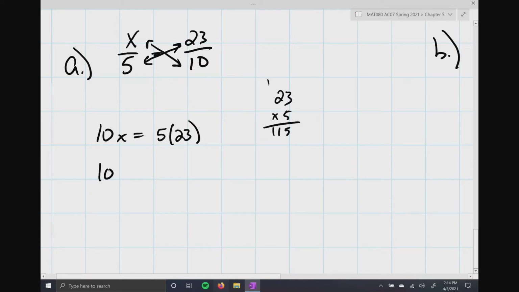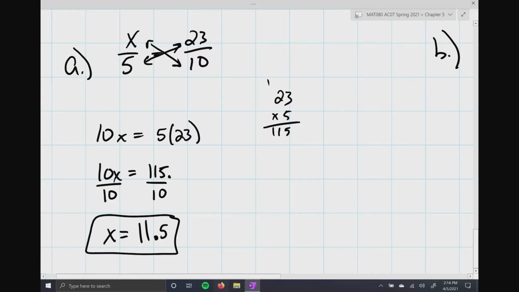So 10x equals 115. Once we get that set up, the number in front of the variable, we always divide both sides by it no matter what. Since we're dividing by 10, I know the decimal is on the right-hand side, and I'm dividing, so I move it to the left the same number of zeros in the number 10, which is 1. So x equals 11.5. That was the first one.